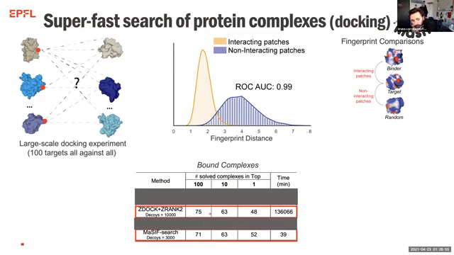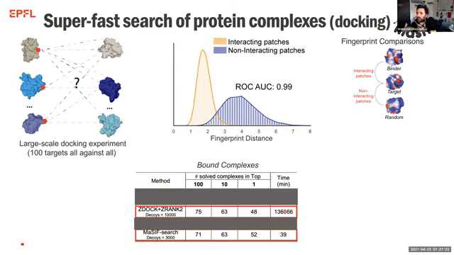But if you see these numbers, ultimately we can get the same number of right solutions as the best predictor. Now, what is interesting about it is that we can do it 4 orders of magnitude faster. And the reason why we can do these computations 4 orders of magnitude faster is because we're not doing computations in the 3D space. We're really only doing computations on 1D space, on vector distances.